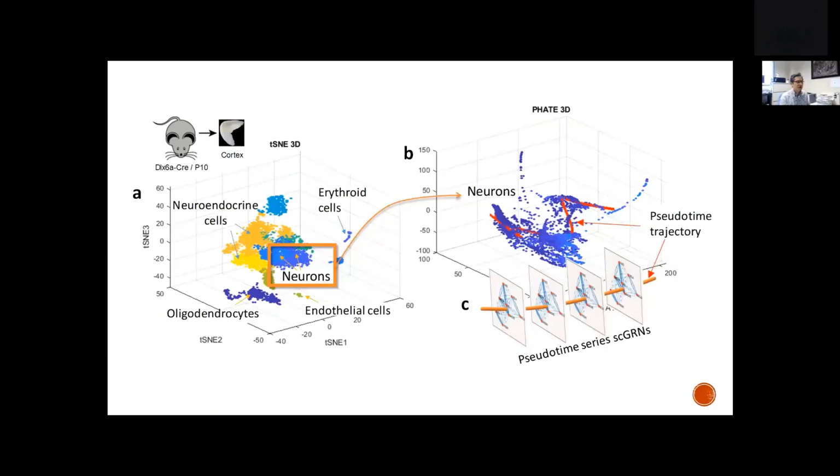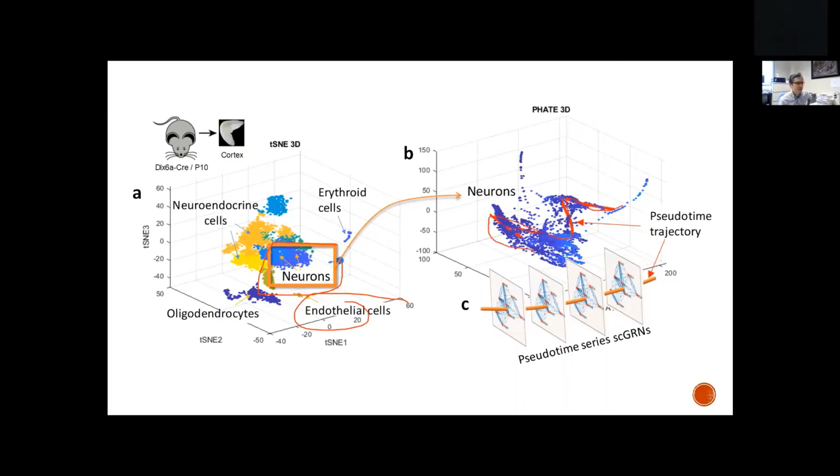Okay, so this is another illustration where people use mouse as an example to study. We extract the neurons, cortex, and we extract the cell type. If you want to study neurons, you get rid of all the epithelium cells, astrocytes, oligodendrocytes. You extract neuron cells to create this trajectory.